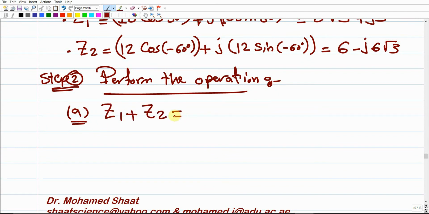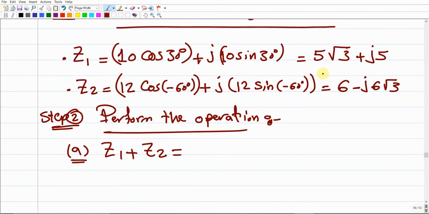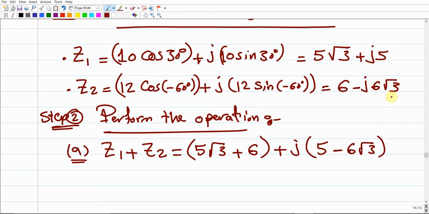When we add, your objective is just to add the real numbers and then add the imaginary. It means that the real parts should be added together, then the imaginary. So the real number for the Z1 is 5 square root of 3 plus the real number of Z2, which is 6, plus j. Then you're just going to add the imaginary numbers. The first imaginary number is 5, and negative 6 square root of 3 is the imaginary number of the other complex number, right?